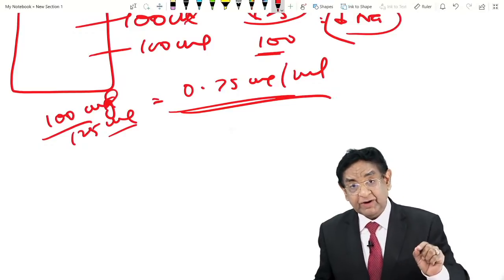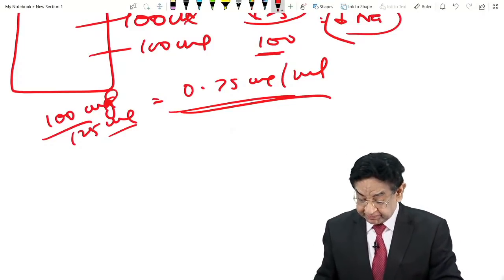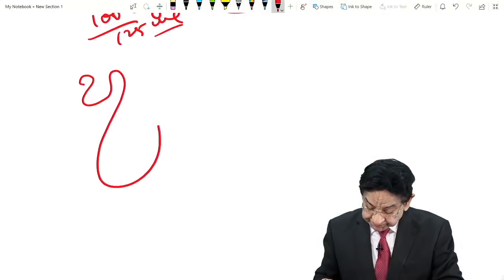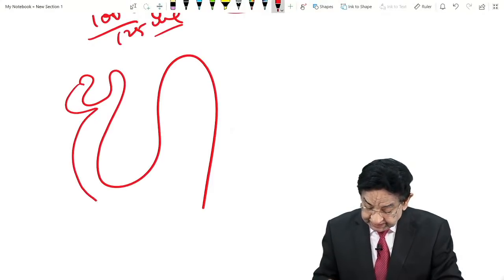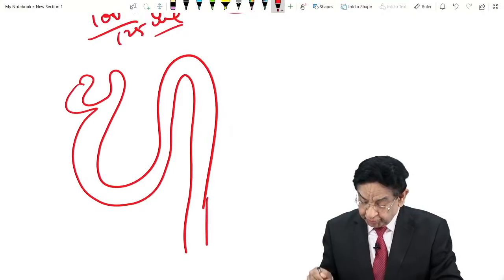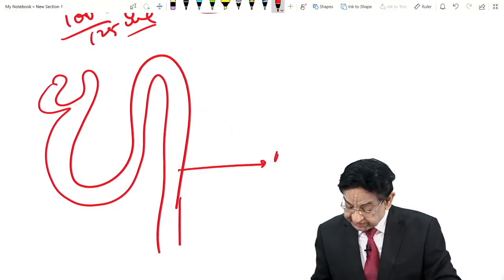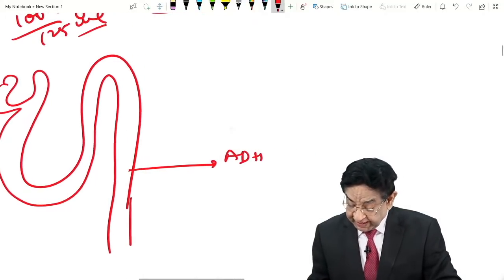Now we call something extra. Friends, this is the same nephron. Now I'm going to tell you how euvolemia occurs. We know that ADH is there, that we learned. But we also know that we have aldosterone.